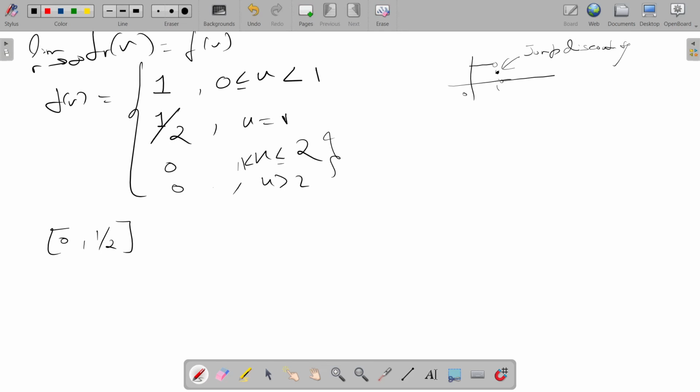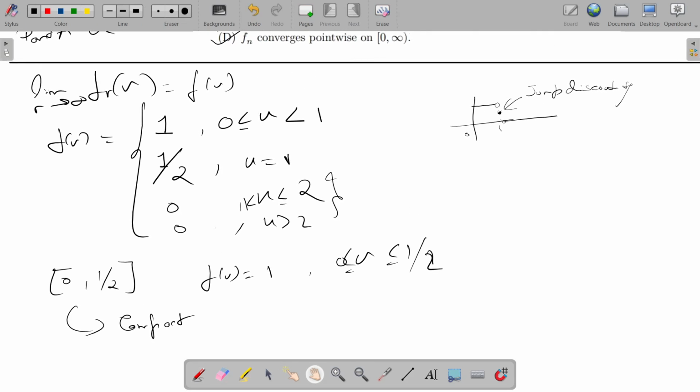One more thing: if you notice, the limit function f(x) equals 1, a constant function, so this is continuous. So f_n(x), which is also a continuous function, converges pointwise to this continuous function, and this set is compact.